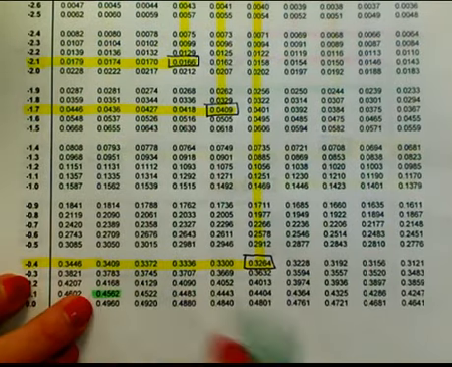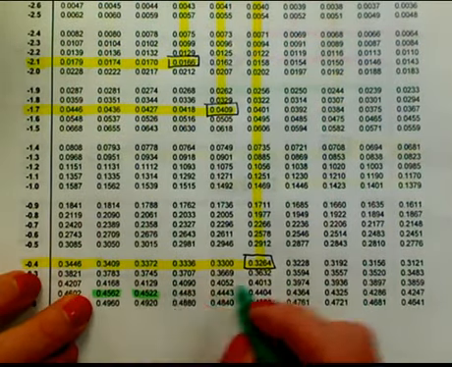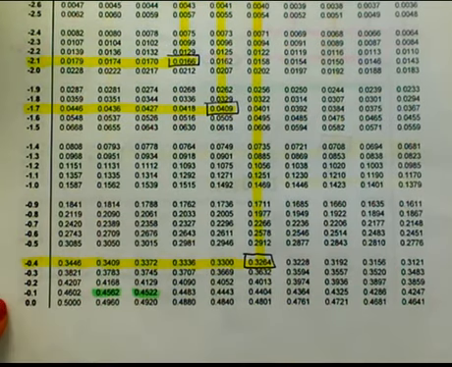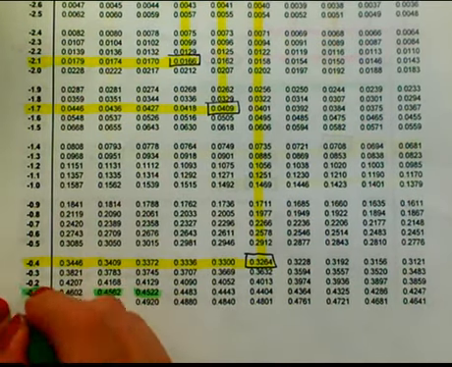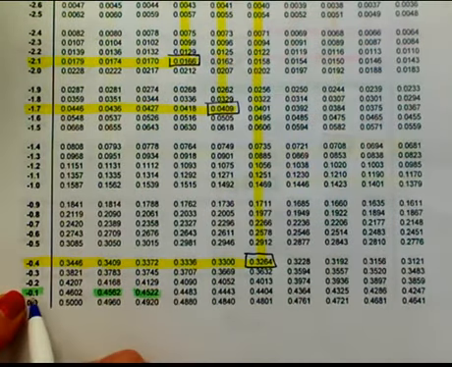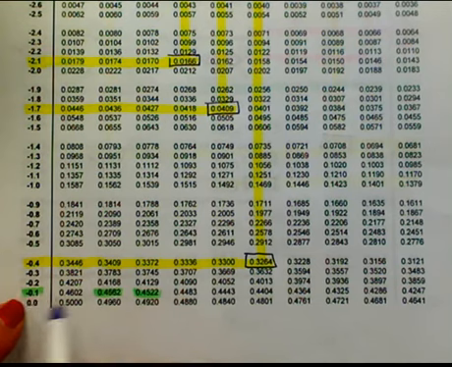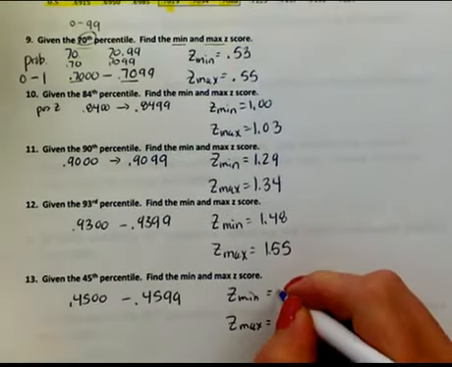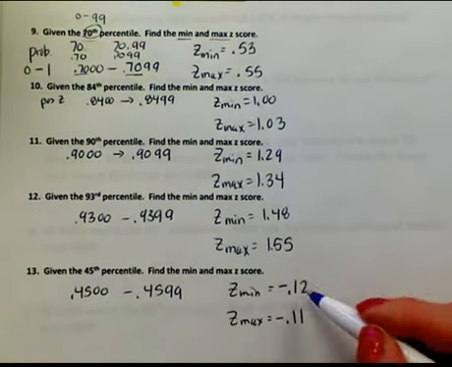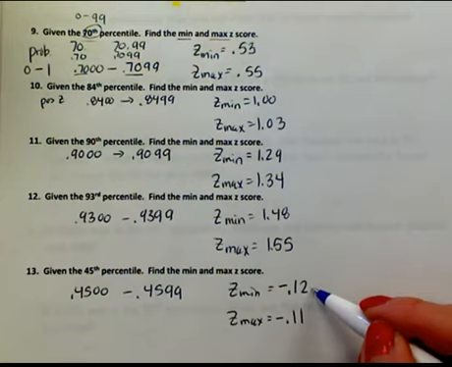There's a 45, 45. Oh, that's it. Negative 0.11, negative 0.12. Keep in mind that this one is farther to the left.